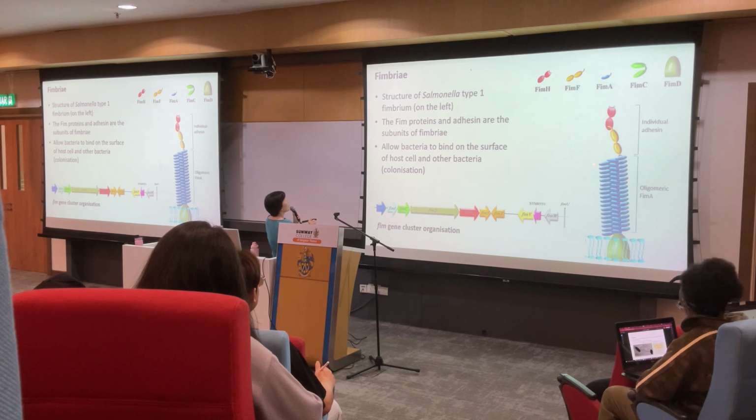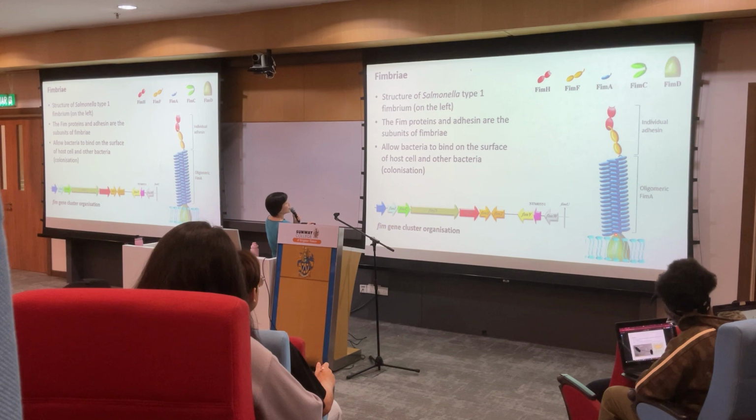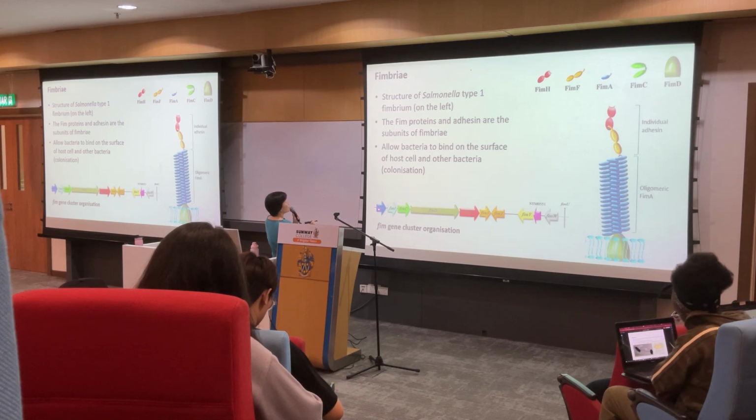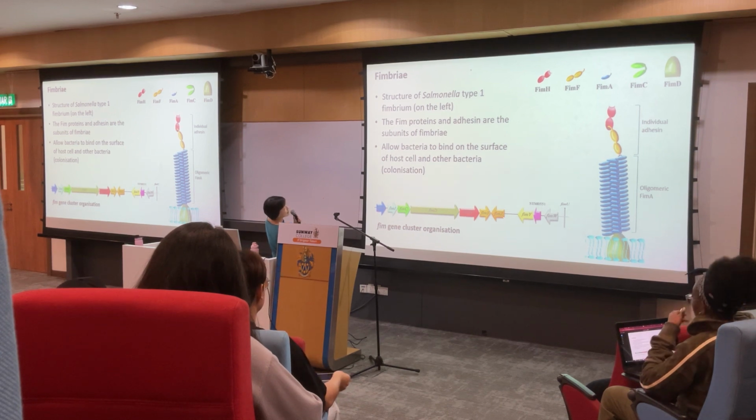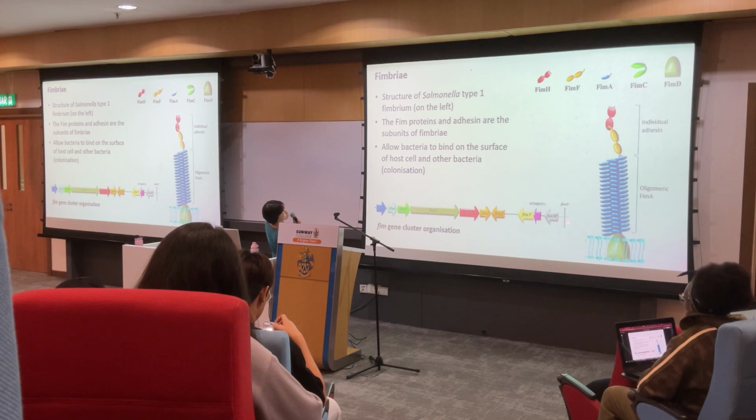In Salmonella, they have already identified each of the protein subunits, called fim subunits, for the making of the fimbriae. And this fim has A, I, C, D, H, F, Z, Y, and number 4. Oh no, it's W, sorry.